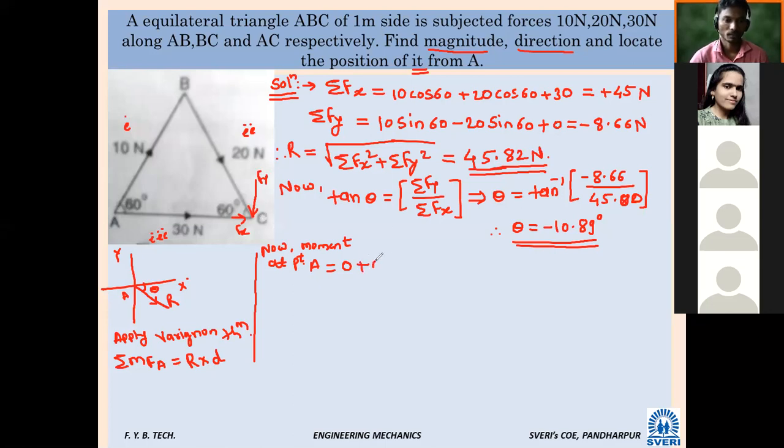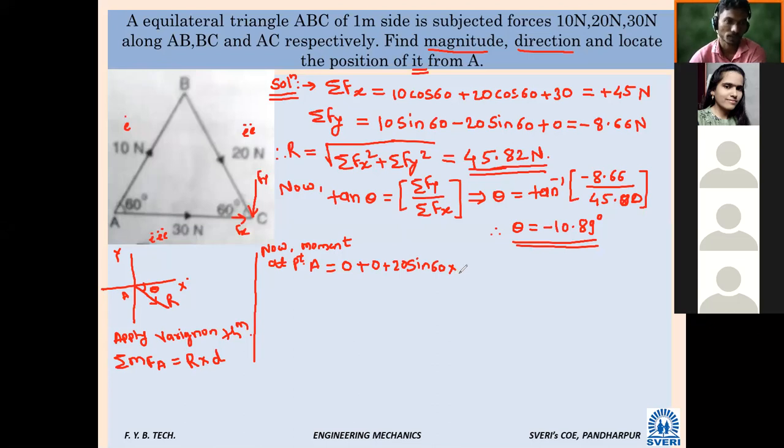Then the moment due to the Fy component with respect to A. What is the Fy component of the 20 Newton force? F sin theta. So F is 20, sin 60. This is the force magnitude. What is the distance? The perpendicular distance of the Fy force from point A, because it is force into perpendicular distance.